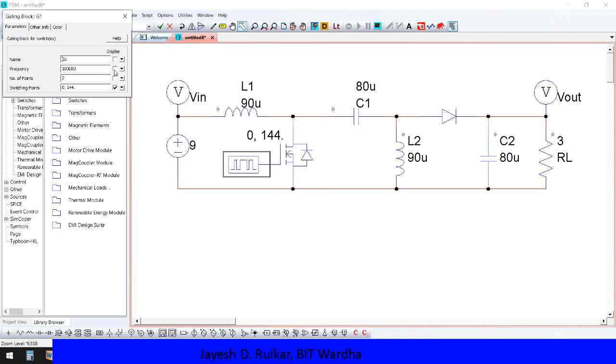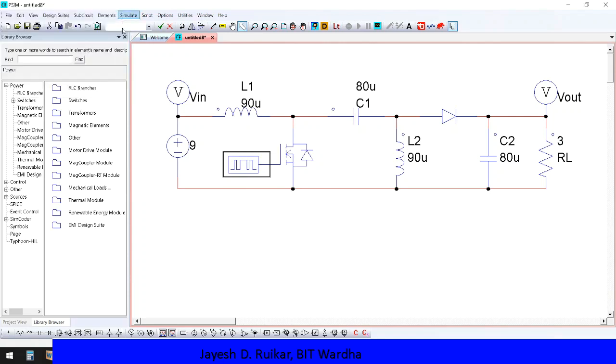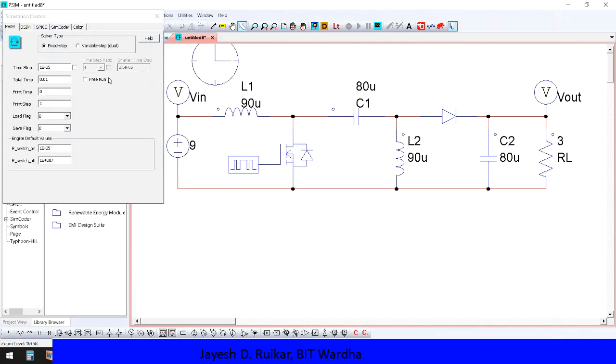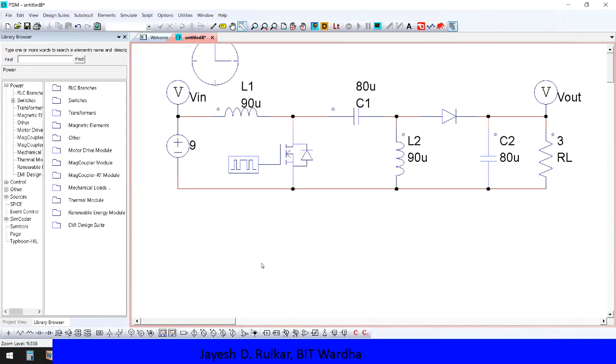I will skip the display, that's also not required. We need a simulation control block, and keep it here, and you can go for 5 seconds. And then ground is always required. You can run the simulation by pressing F8, or you can click over here.